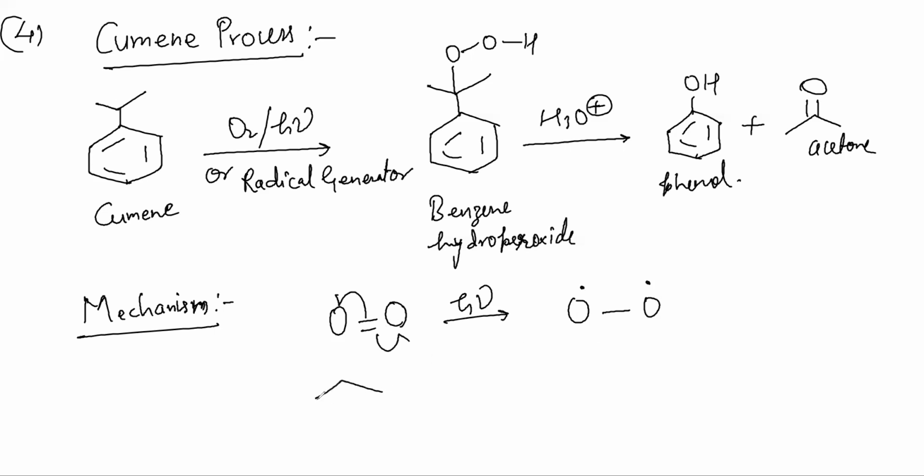Now this particular free radical will approach cumene. I hope you understand that where this hydrogen is attached, if I generate a free radical here, it will be very stable. So this free radical causes homolytic fission in cumene like this.